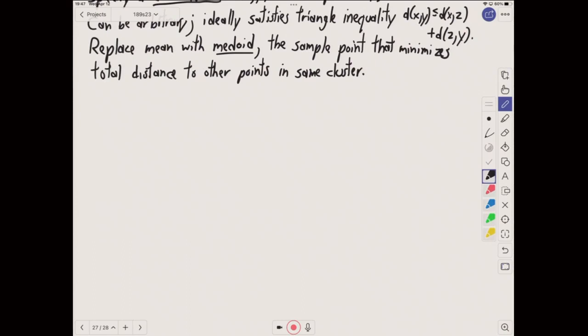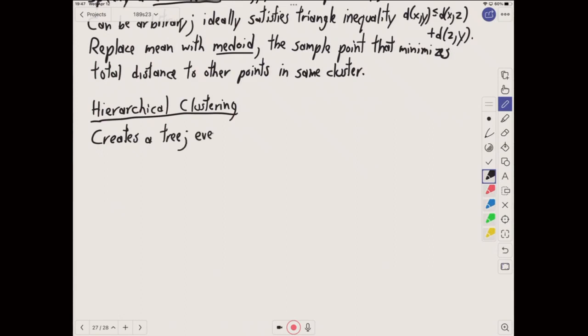Now I want to move on to an entirely different clustering method called hierarchical clustering. Hierarchical clustering essentially creates a tree. And within that tree, you can think of every subtree as being a cluster.